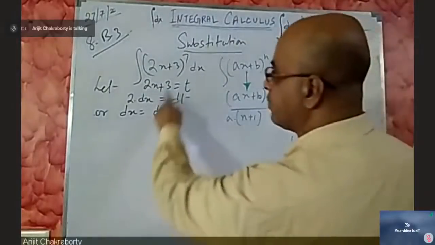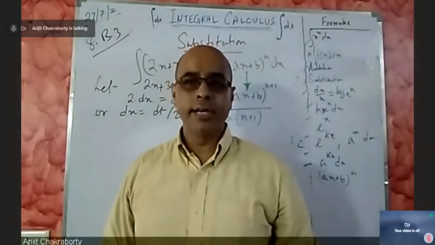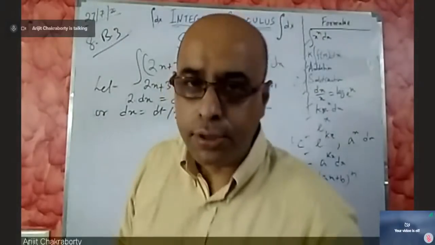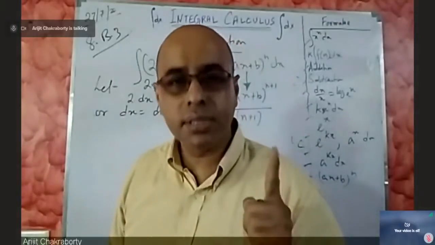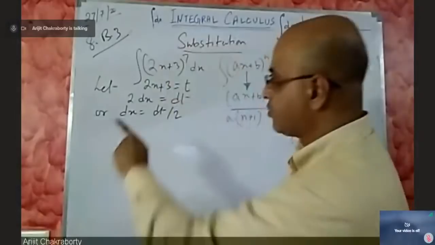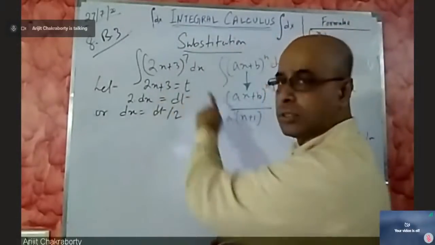So now the given expression is 2x plus 3 to the power 7 dx. We have taken 2x plus 3 equal to t.